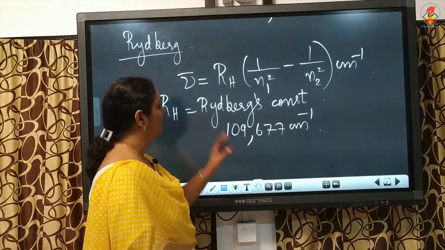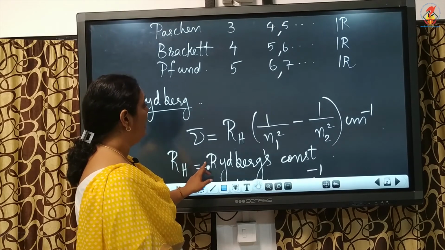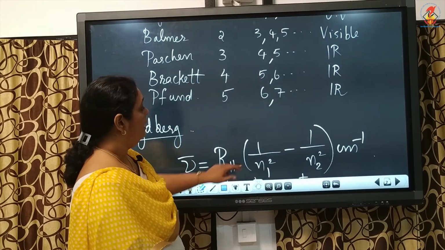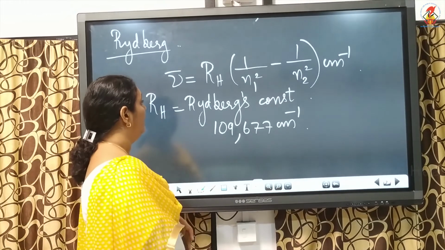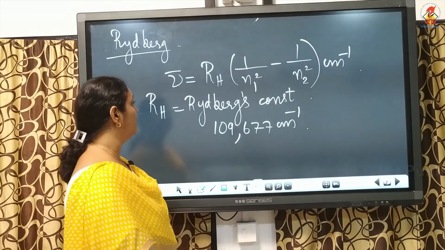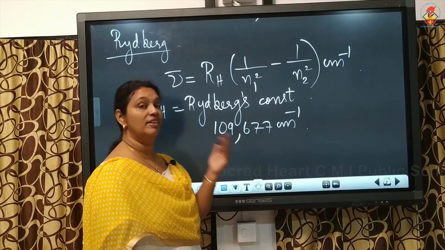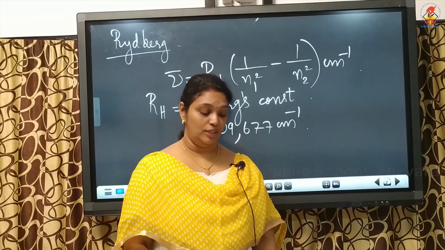If we apply this formula to Balmer series, n1 is equal to 2 and n2 can be 3, 4, 5, etc. And RH value we know is 109677 centimeter inverse. We can calculate the wavelength. So this is Rydberg's relation.